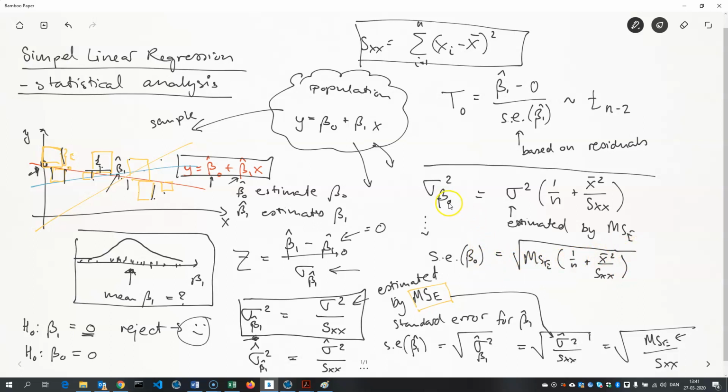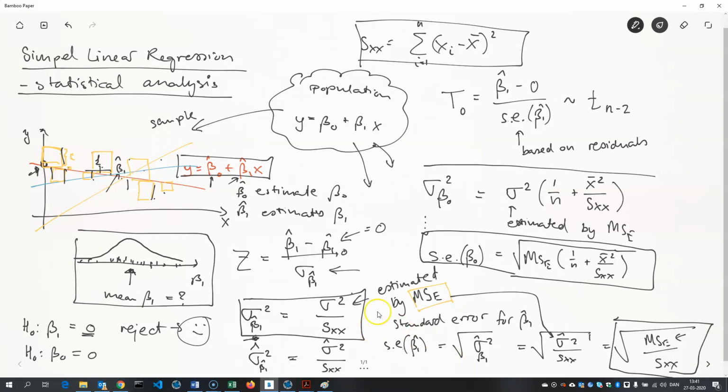So for the beta naught, we have the same kind of test statistic, except we use beta naught here. And for the standard error, we use this expression down here instead. No, sorry, the standard error, that was this one. So we are going to be doing this in Excel, but that will be in another video.